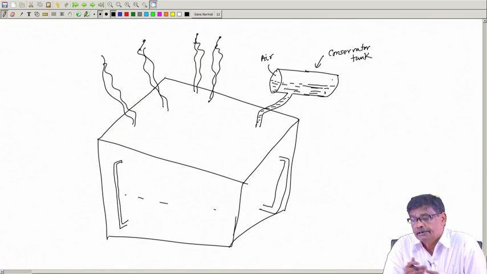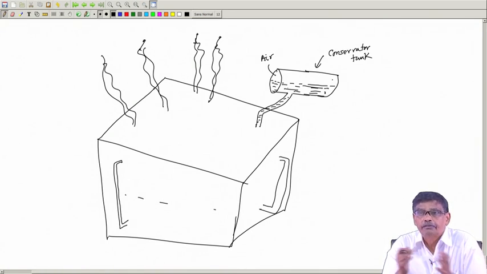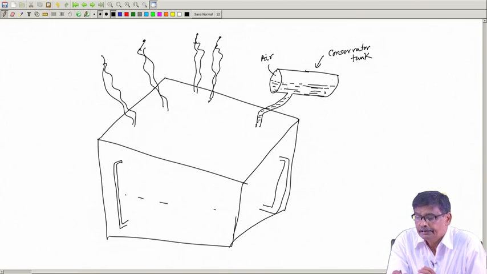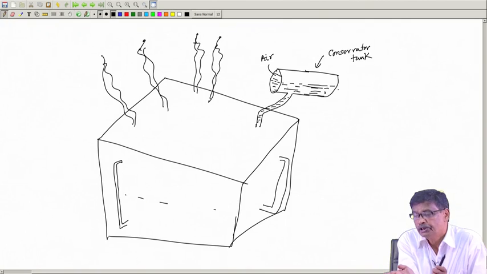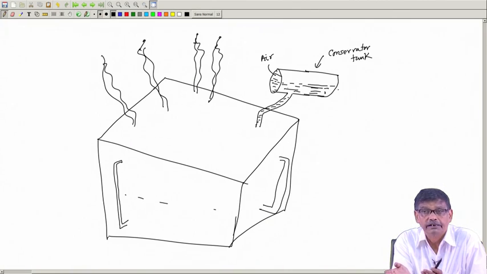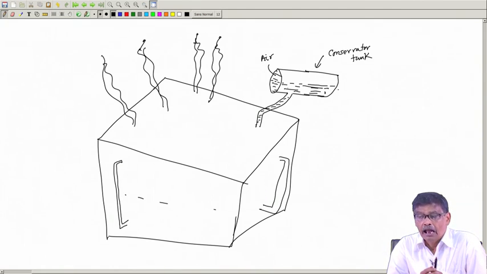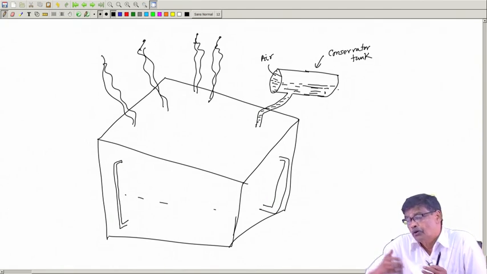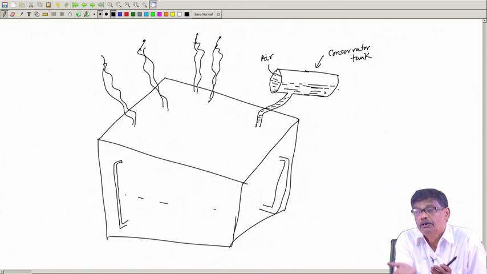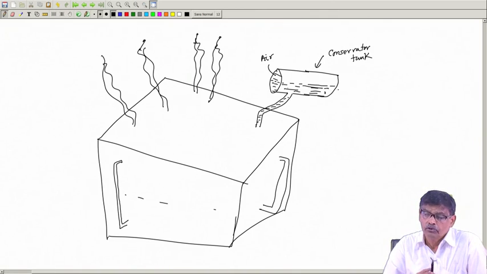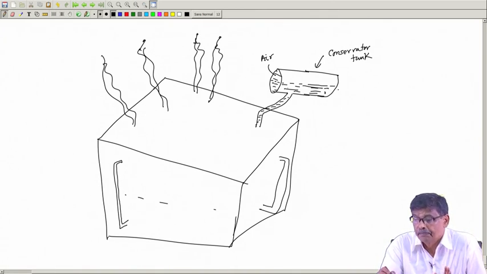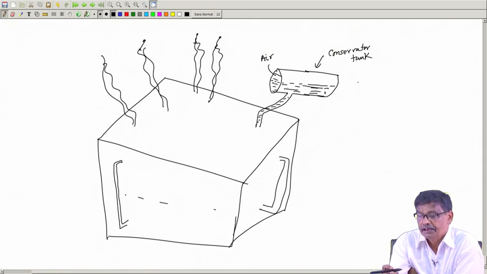So, more heat will be generated and temperature will rise. If temperature rises, oil is a liquid, it will expand and this level of oil will go up, pushing the air, whatever it was above it, it will be pushed up, is it not? And if you do not bother and go on overloading, the level of oil will go up and up. So, there must be some interface with air, it should not be sealed at the top.